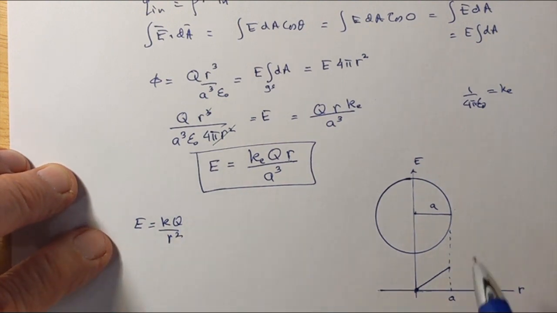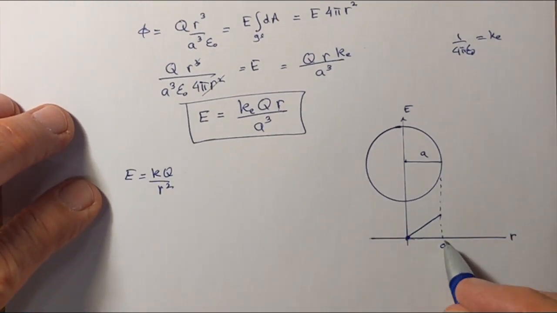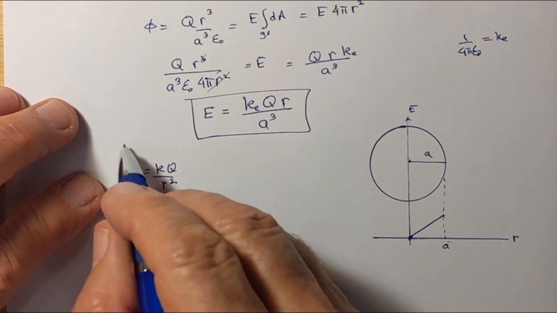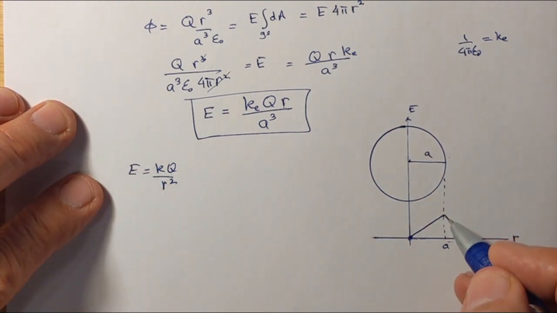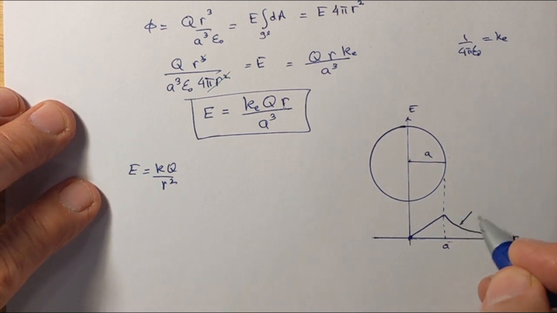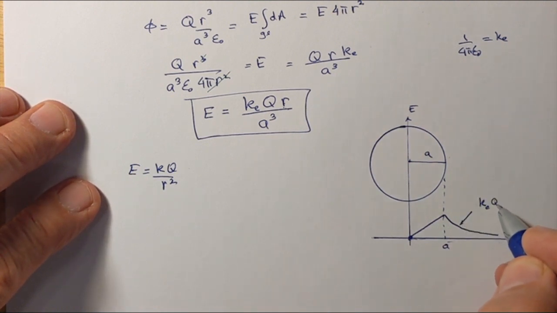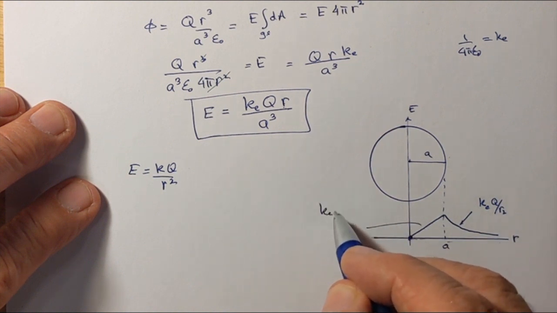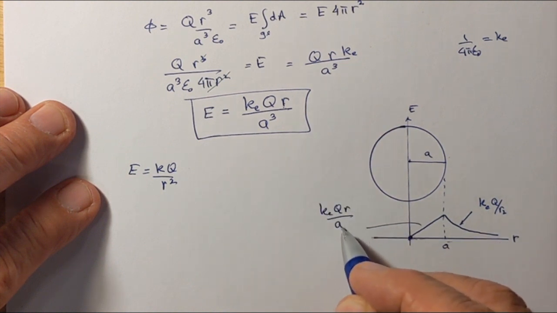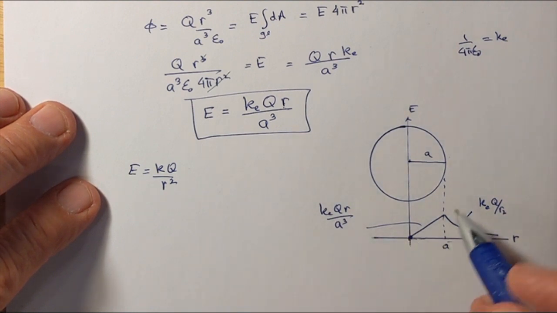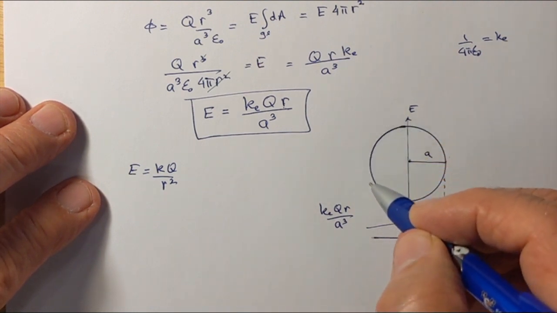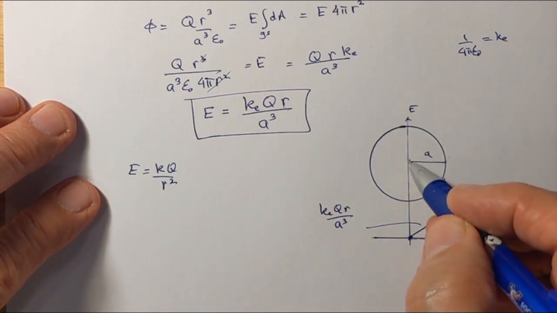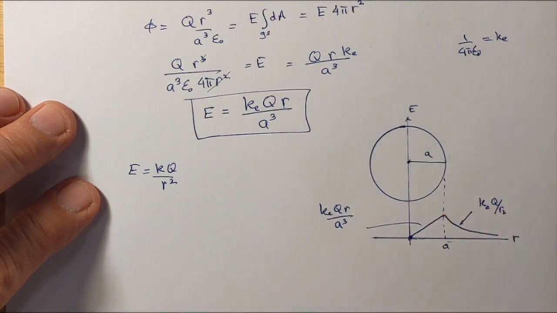As R increases, this thing gets smaller, so it's going to go according to 1 over R square. So that is KQ over R square, and this part is KQR over A cubed. So the electric field is maximum on the surface, it's 0 at the center, and it drops off as you go away.